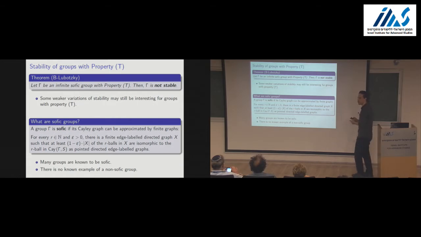So this is one compact way to say what a sofic group is. It's a group where you can have finite graphs which locally almost everywhere look like the Cayley graph. And many groups are known to be sofic, but no group is known to be non-sofic. Nevertheless, people do believe that non-sofic groups exist.